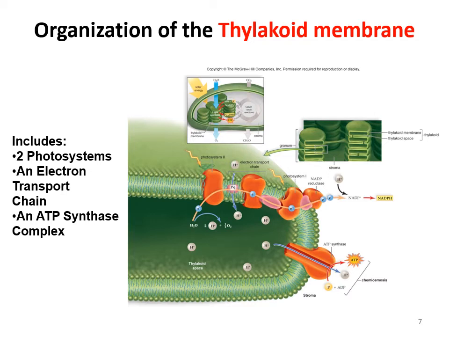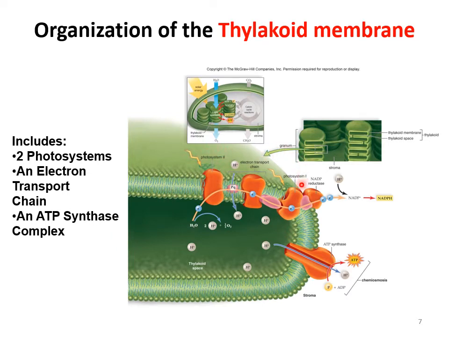Now, we said that this occurs in the thylakoid membrane. And what we mean by the thylakoid membrane, these are basically membrane-bound compartments inside of that energy organelle known as the chloroplast. And so when you look at the thylakoid membrane, you see all of these important parts of what we've been talking about so far. So you have photosystem 2, which is over here.